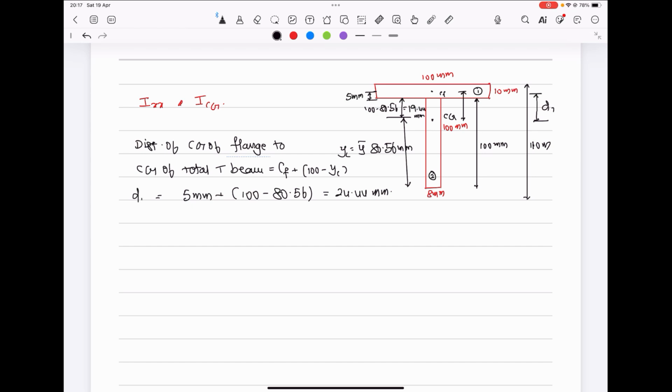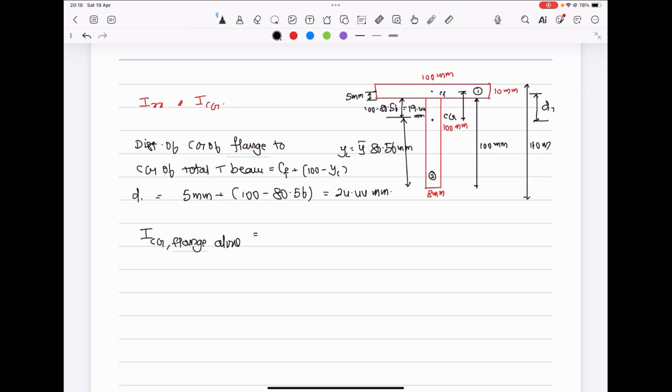When you know the center of gravity of a beam, then the ICG of the flange alone will be, what is the height of the flange? TF.